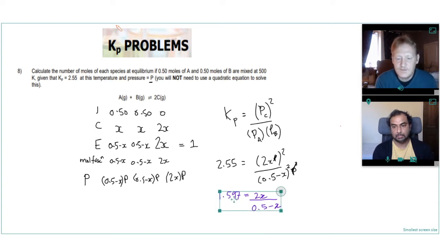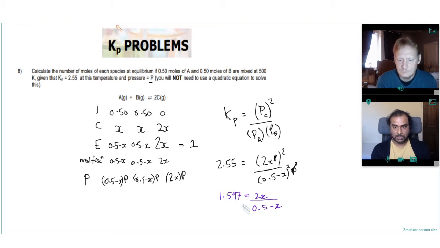And now do you think somehow you could work out x? Yeah, so that's really a linear equation rather than a quadratic equation as such. So I'll proceed and solve that.